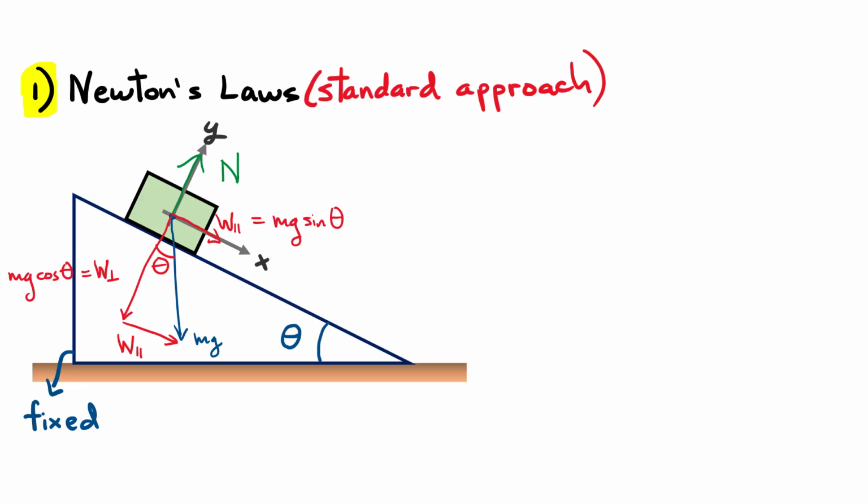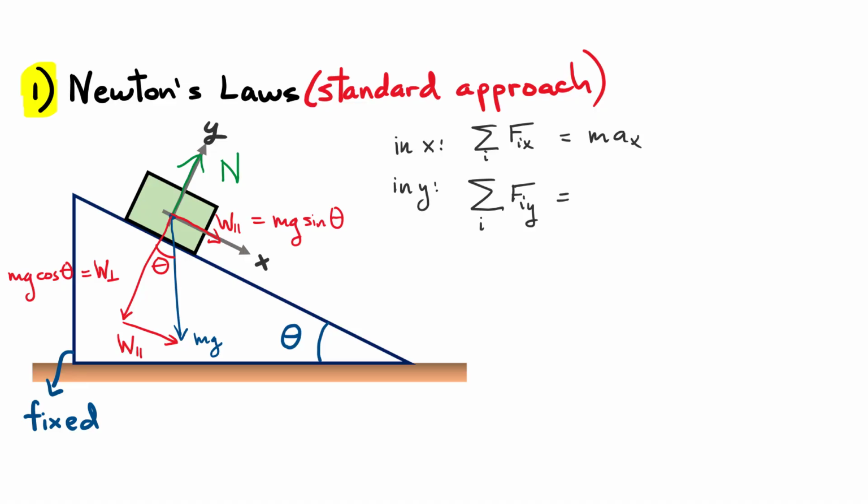So you want to look at Newton's laws in the x direction and also in the y direction. In the x direction, we're adding up all of the forces in the x direction and setting those equal to the mass times the acceleration in the x direction. For the vertical direction, again, we add up all of the forces in the direction perpendicular to the slope.